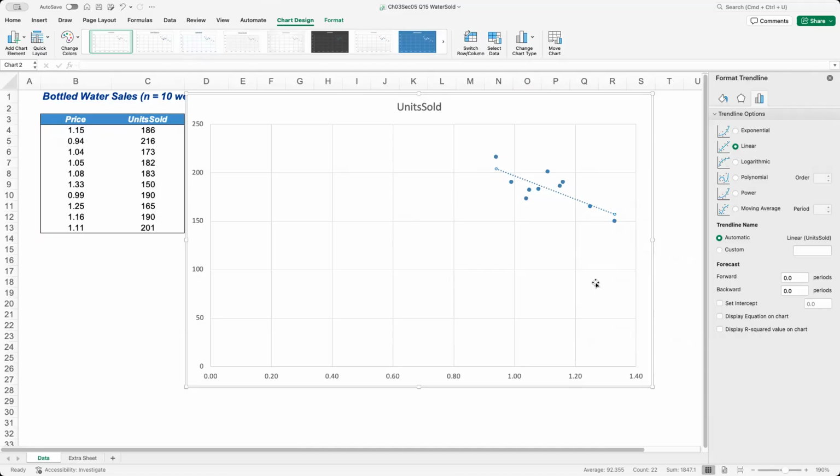Please look over there on the right. Exponential, linear, logarithmic, power, polynomial, moving average. There are all sorts of things I can do that will give me other pictures if I believe the data isn't in a straight line relationship. But for the moment, we're only looking for straight lines.